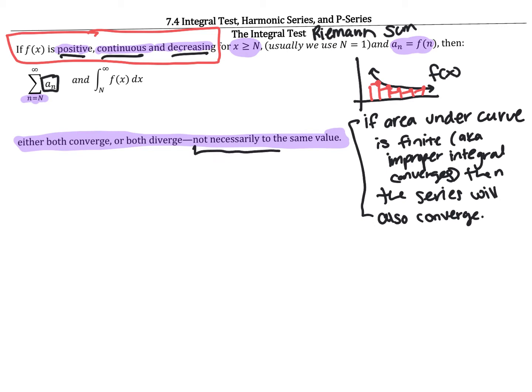Now, just because you can evaluate the integral and get a number doesn't mean that that is what the sum is converging to. So you can't say that, but you can say if I can take the improper integral and it converges, then so does this series. Similarly, if the area under the curve does not converge or it diverges, then so will the series.